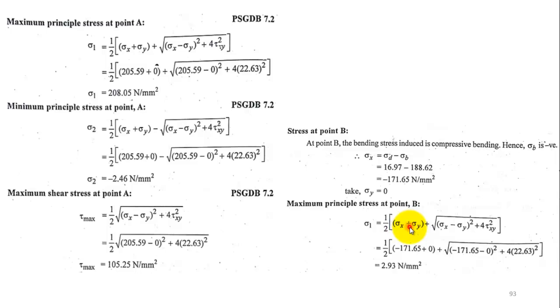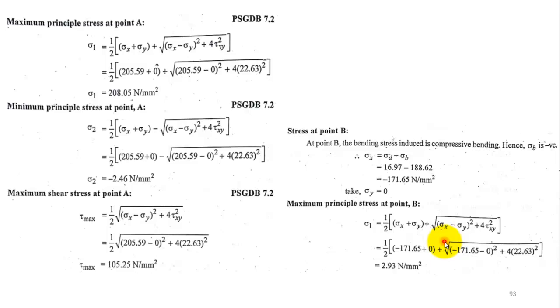If you consider principal stress, the maximum principal stress at point B will be sigma 1. Here only one difference will be there. Sigma x value will be negative. Here this value you have to use. Other than that, everything is the same. Instead of 205.59, you will have the value of minus 171.65. I would recommend you to use a calculator.